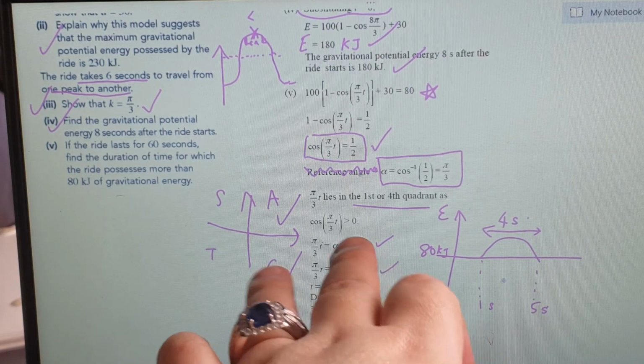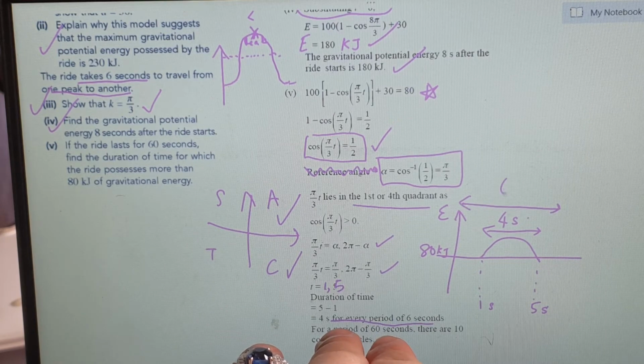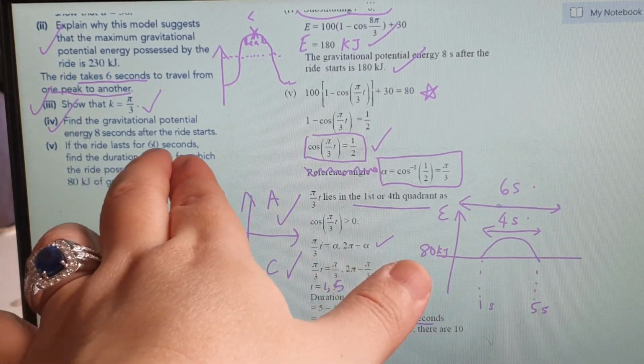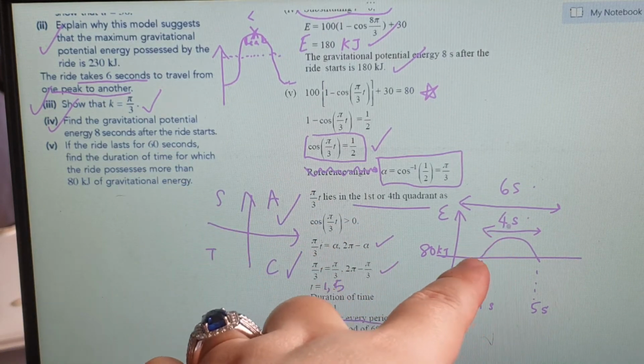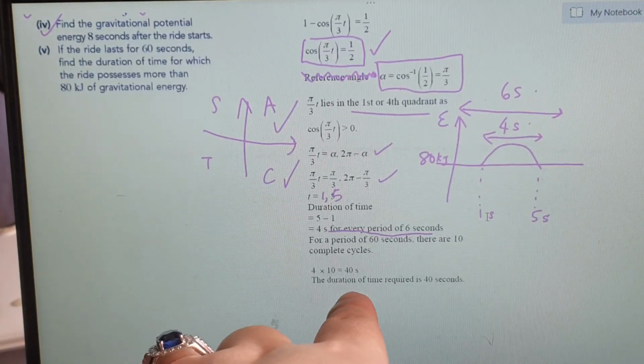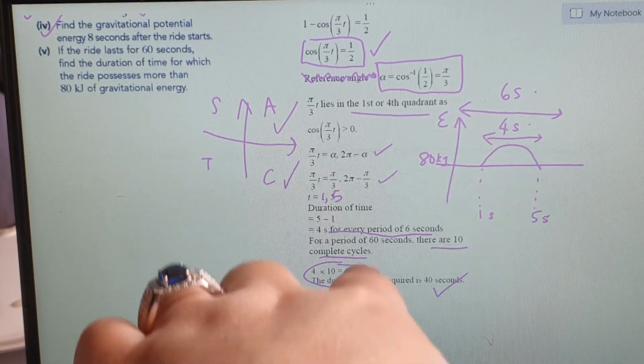But this is only for this period of 6 seconds. We want 60 seconds, so you must times 4 by 10, because there are 10 complete cycles in this 60 seconds. So the answer is 40.